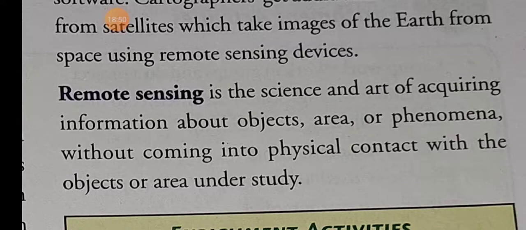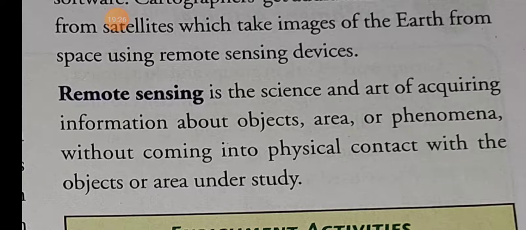Remote sensing is the science and art of acquiring information about an object, area or phenomenon without coming into physical contact. मतलब हम बिना कहीं गए, बिना किसी फिजिकल किसी भी जगह बिना गए हम उस चीज़ के बारे में जान लेते हैं. How we can come to know about it through the computer. This is called remote sensing.